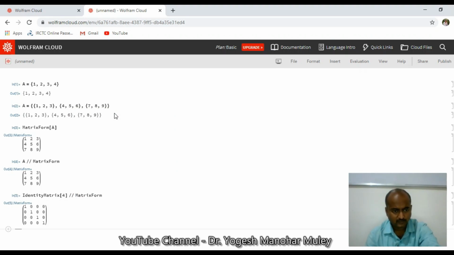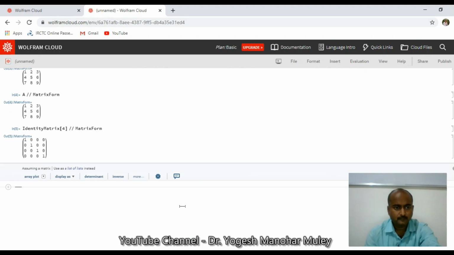Here you will get a 4 by 4 identity matrix. While using Mathematica, you must remember that when giving any command, the first letter must be capital, and all other things you have to remember. You can also search with the help of the question mark and asterisk symbol.